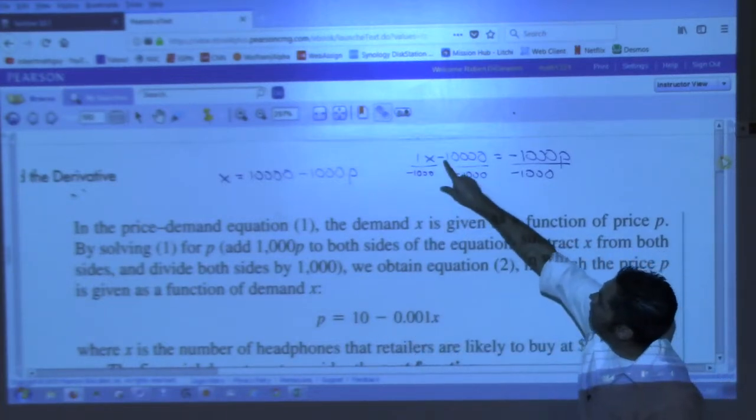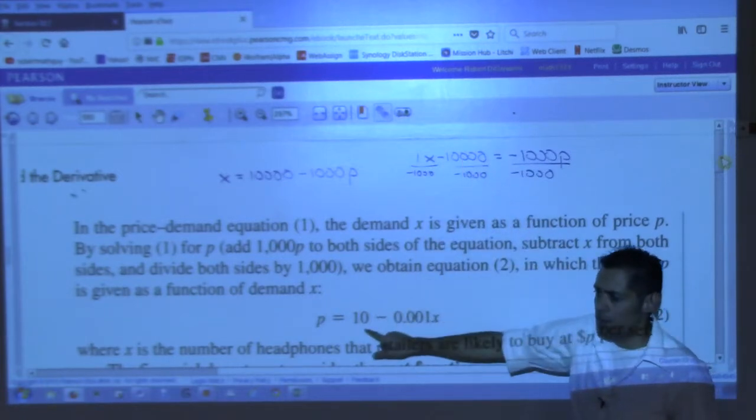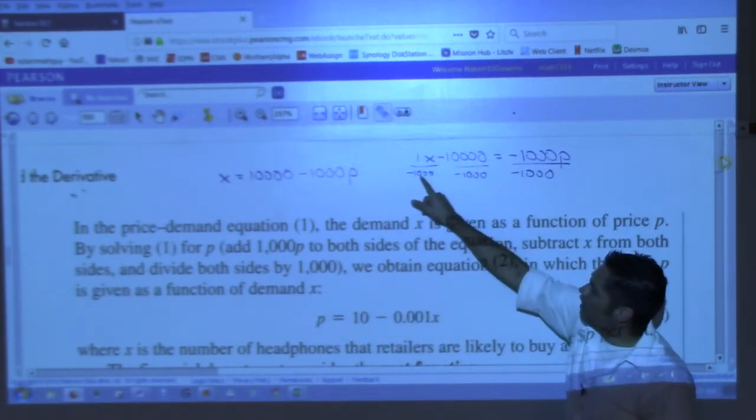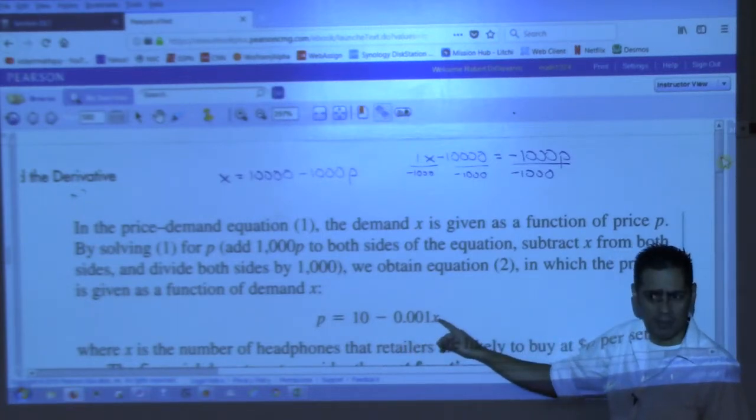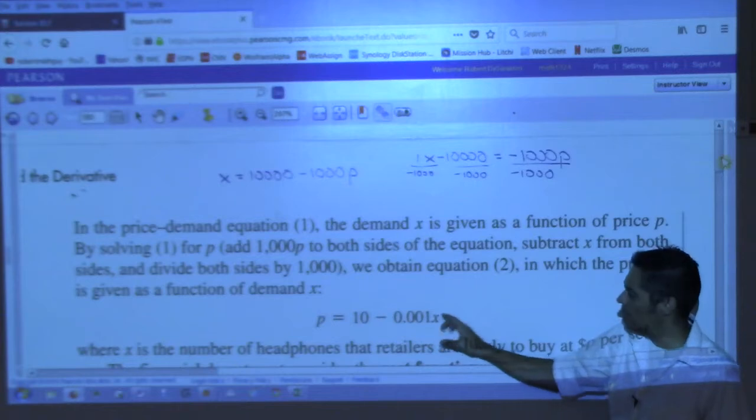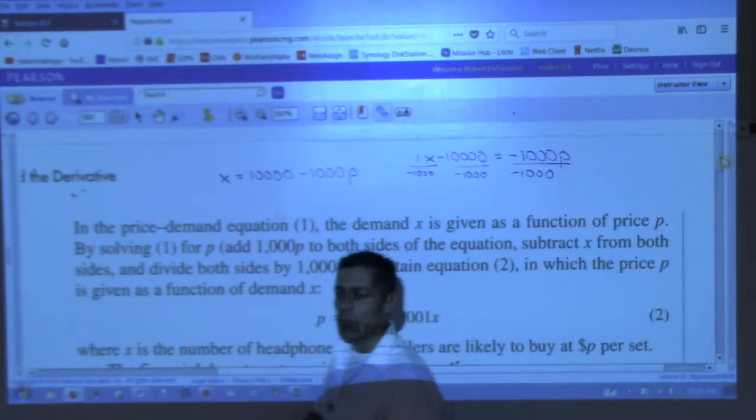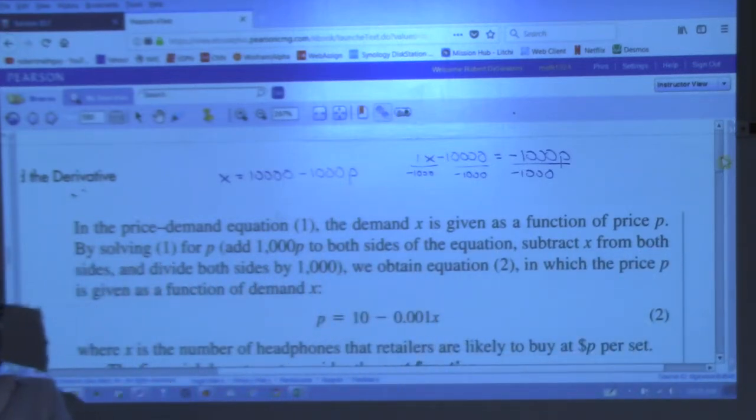Negative 10,000 divided by 1,000 is 10. 1 divided by negative 1,000 would give you negative 0.0001x. Understand?